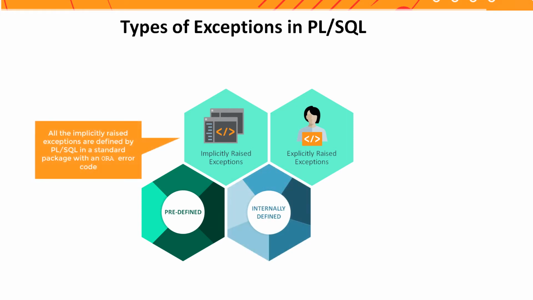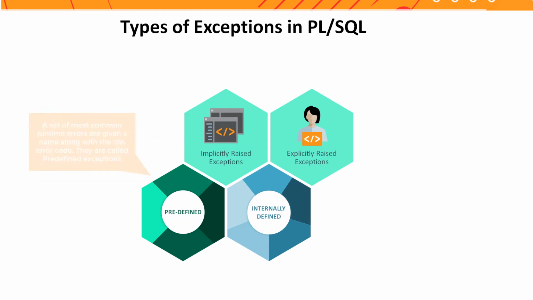All the implicitly raised exceptions are defined by PL/SQL in a standard package with an ORA error code. However, a set of most commonly occurring runtime errors are given a name along with the ORA error code by PL/SQL. They are called predefined exceptions.